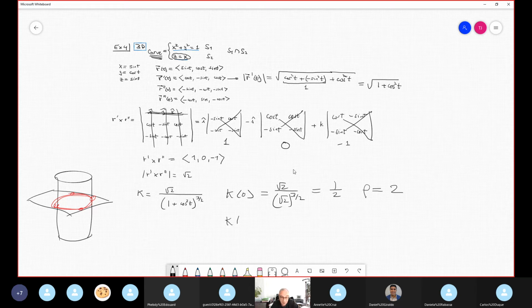Suppose pi over 2. It is radical 2 over something: cosine pi over 2 is 0, 1 plus 0 is 1, and raised to any exponent is 1. The radical 2. The curvature is bigger than this, and the radius of curvature is the reciprocal of this, radical 2 over 2.